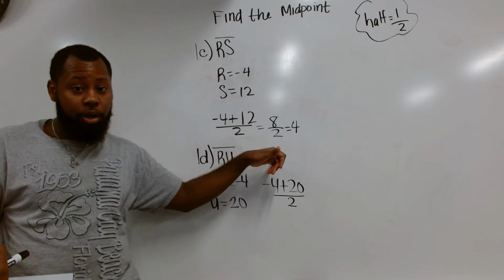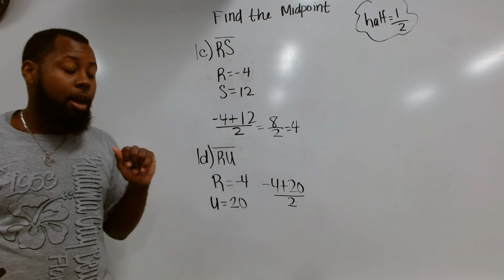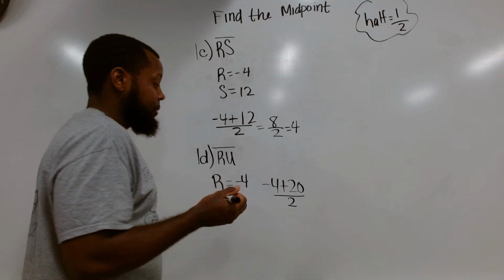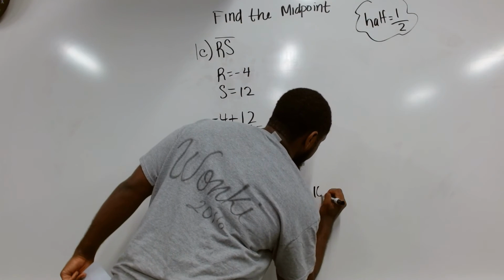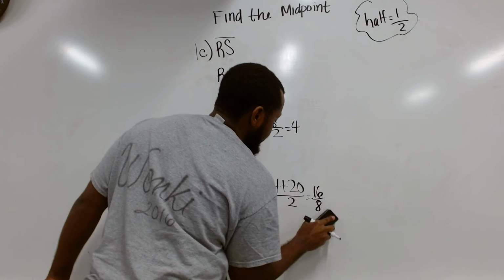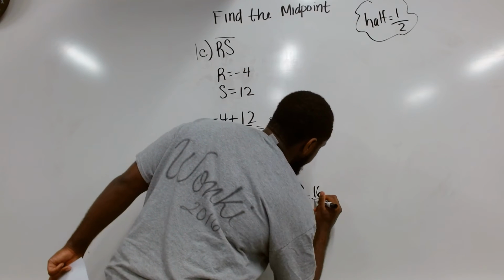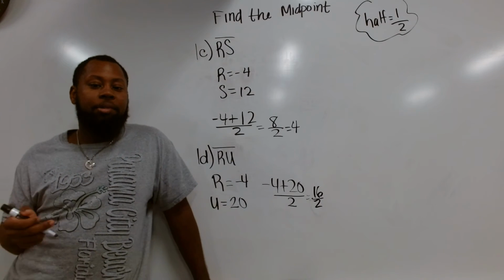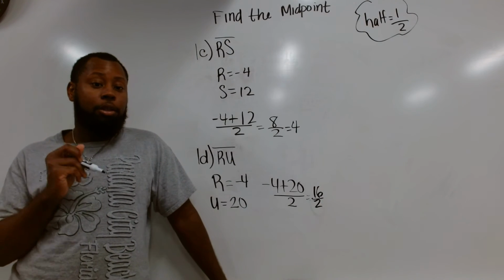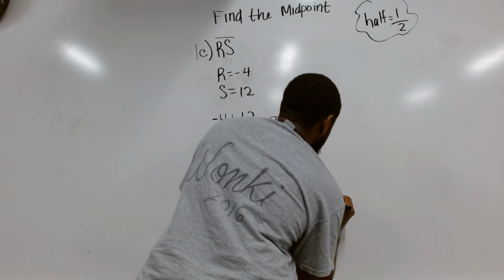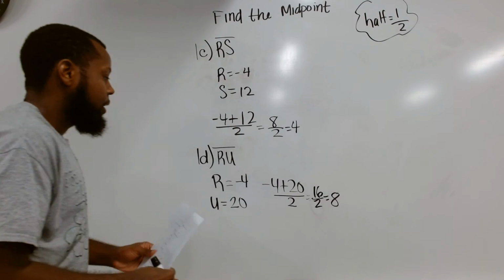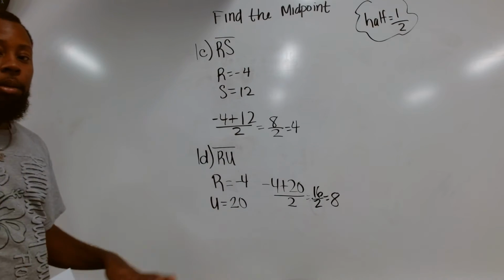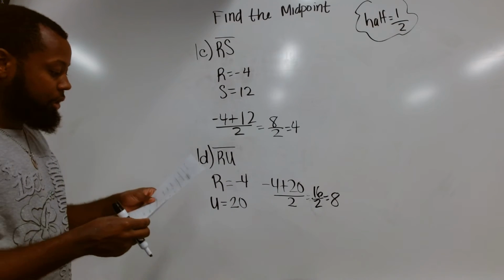You spend $4. Now, if you have $20 and you spend $4, you have $16. So, basic multiplication and division. I know 2 times 8 will give me 16. So 2 can go into 16 8 times. So the midpoint for RU is 8. This is fairly simple, fairly easy.